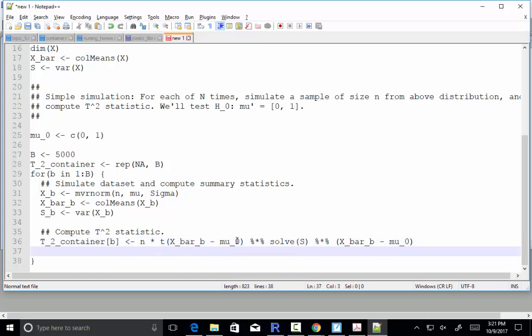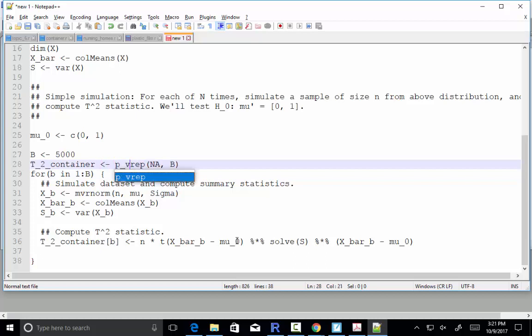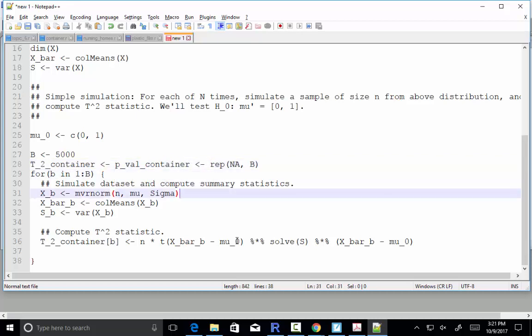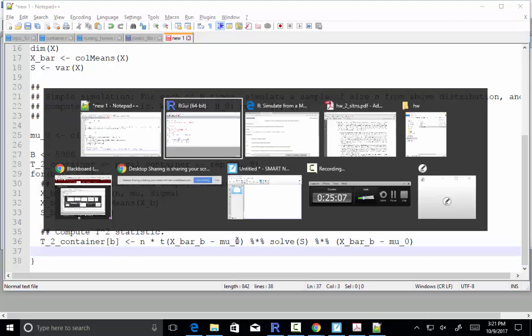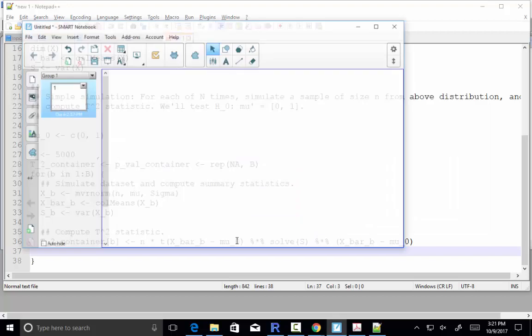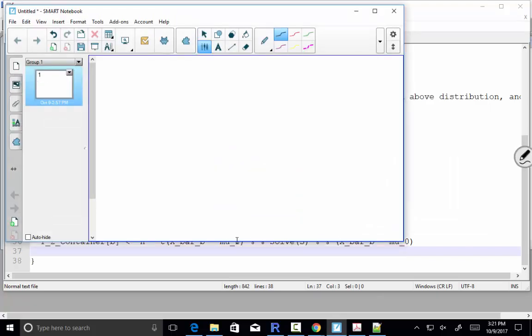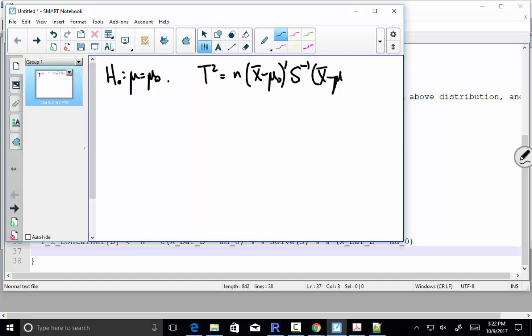I'm going to go ahead and compute the p-values as well. So in addition to T2 container, I'm going to have p-val container. I'll store both. But that's the t-squared statistic. And then if we remember the theory, if we're testing the null hypothesis that mu equals mu 0, then the t-squared statistic is n times x bar minus mu 0 transpose S inverse x bar minus mu 0.